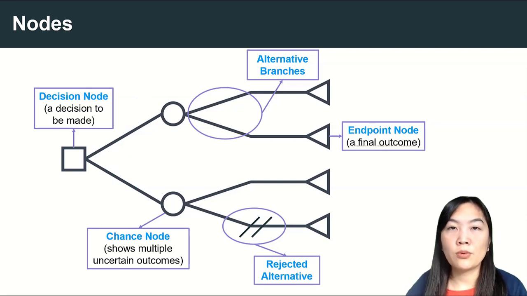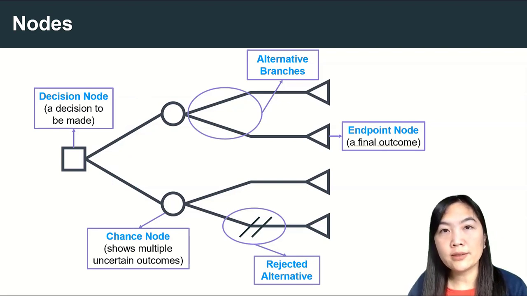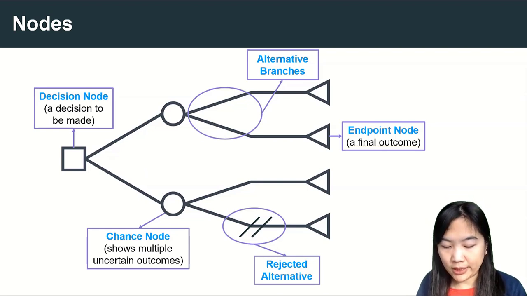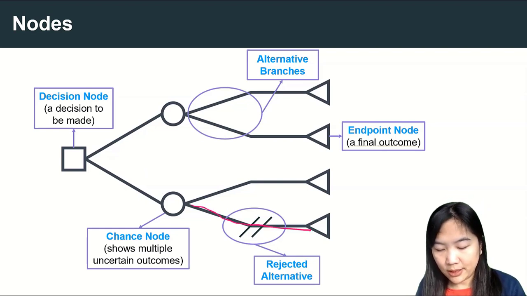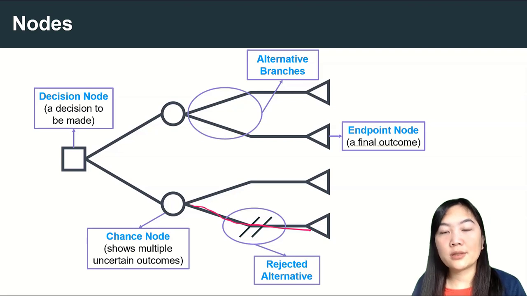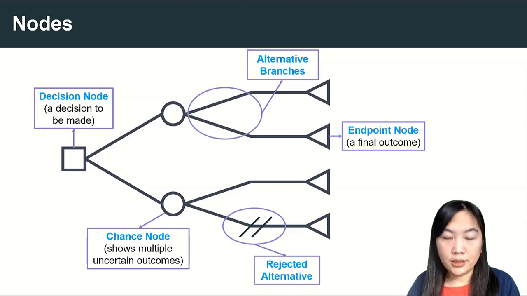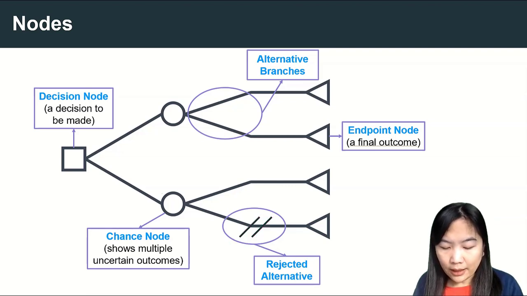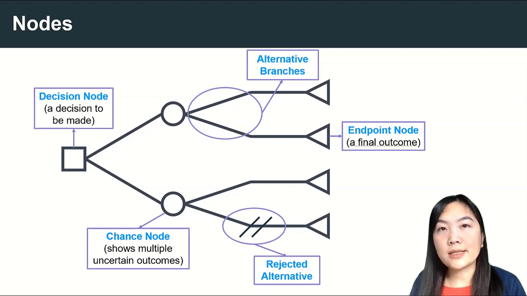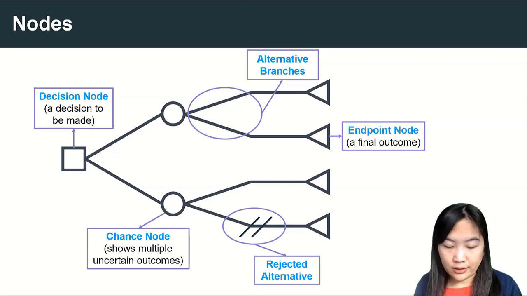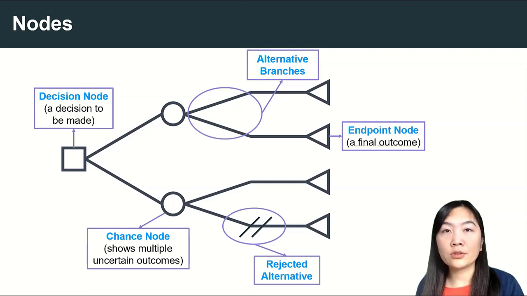And when you're doing your decision tree analysis, sometimes you realize that, for example, here, this branch is not favored and you want to reject that alternative, then you put two slashes there, and that means it's a rejected alternative.